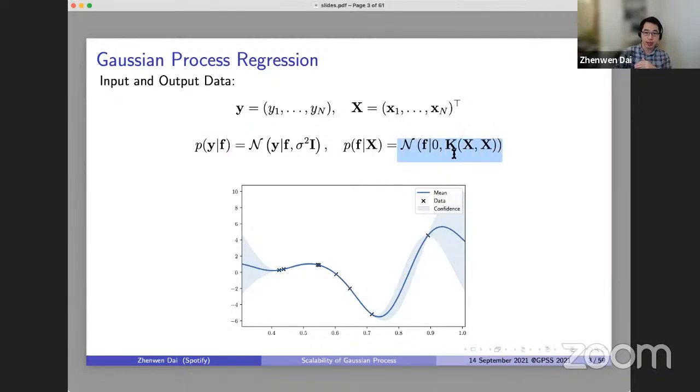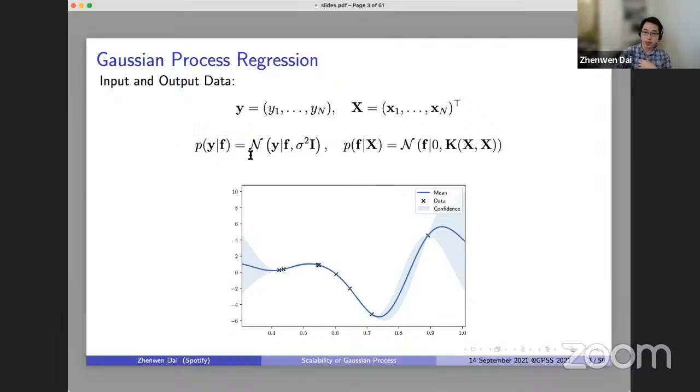So this forms a multivariate normal distribution, and p(y|f) is what we call the likelihood or the noise distribution. We usually assume that the mean of the observed data y is the noise-free observation f, and on top of that we have a little Gaussian noise with variance sigma squared I. In this particular case, sigma squared is constant with respect to the input, so for different locations in the input domain, the noise variance is the same.